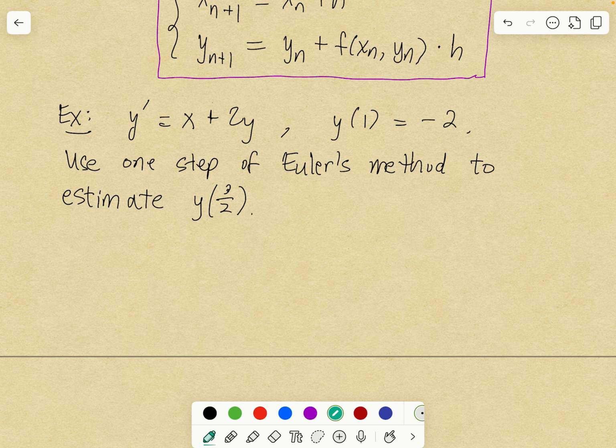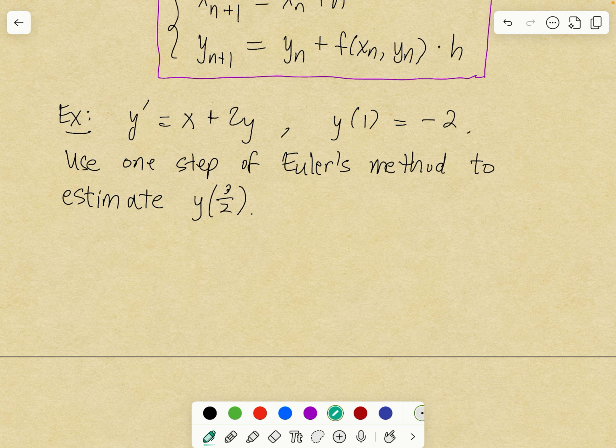It's the function that satisfies y prime equals x plus 2y, and when you plug in 1, you get negative 2. There's only one function that does that. And the question is, approximate what you get when you plug in 3 over 2 into that function. So that's what the question's asking you, and it's asking you to do it using one step of Euler's method.